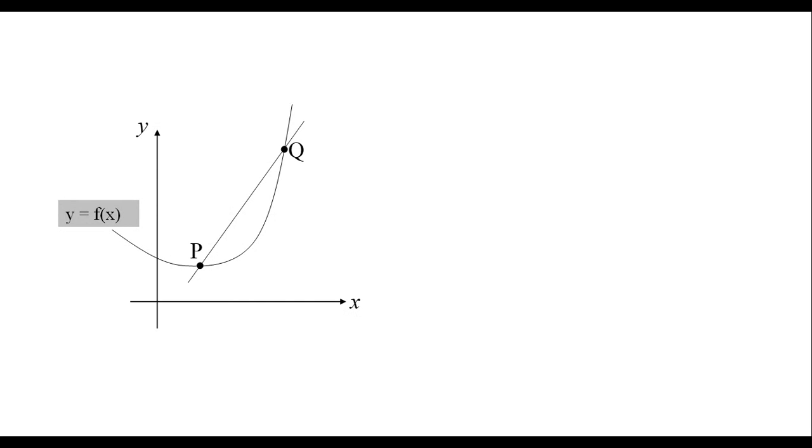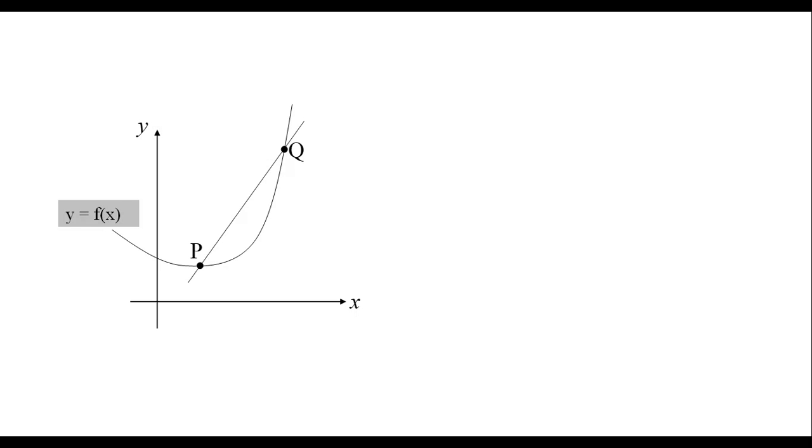So today our lesson is on how to formulate our first principle of differentiation. All right. So let's say I have this curve. Okay. So let's say my curve is y equals f(x), and then I have two points.